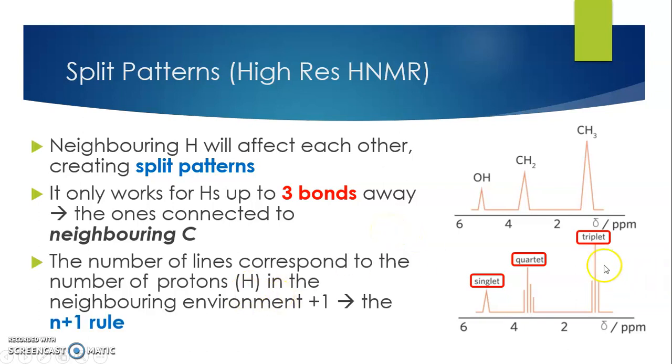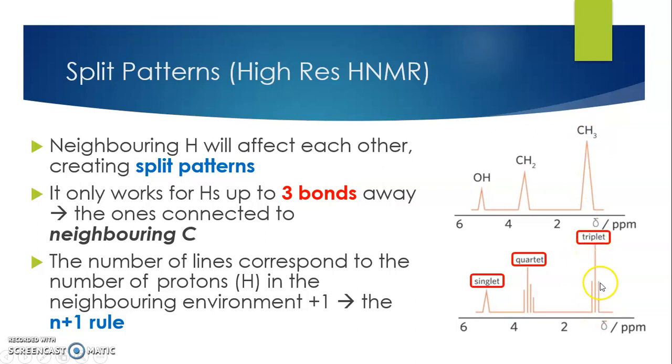Well, the number of lines that a peak splits into corresponds to the number of hydrogens in the neighboring environment, plus 1. Hence the N+1 rule. So, for example, this peak created by the hydrogens on the CH3 group is splitting into 3, a triplet.